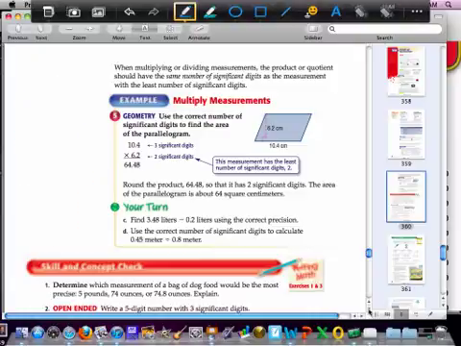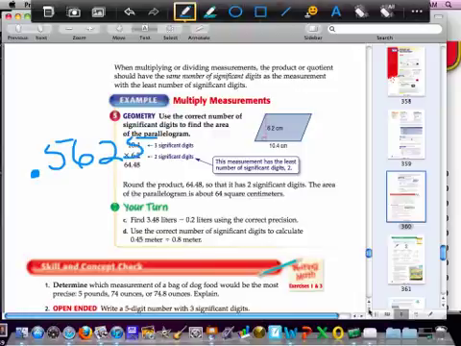Okay, if we take a look at the second one here, we've got 0.45 divided by 0.8. And if I put that in on my calculator, the answer I get is 0.5625.